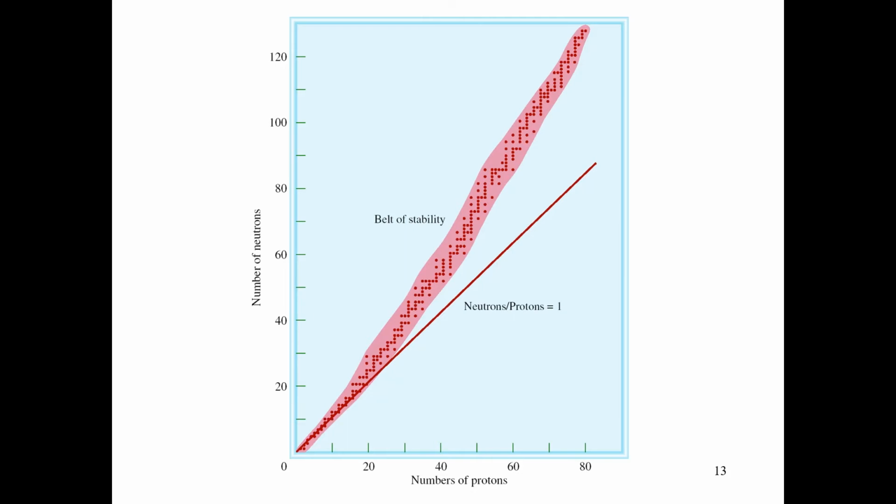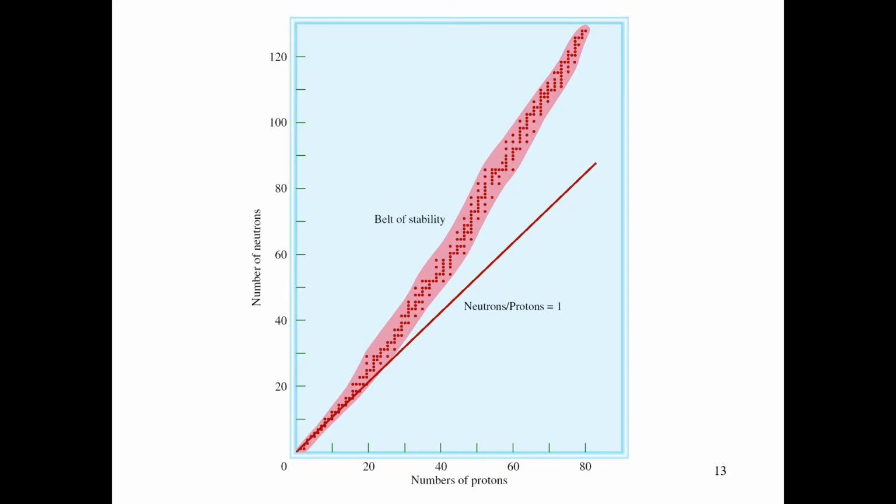Notice that for every single element, there is more than one isotope, in other words, more than one nuclide. And then we graph which of those isotopes are actually stable, in other words, which isotopes of these elements are known not to undergo radioactive decay.